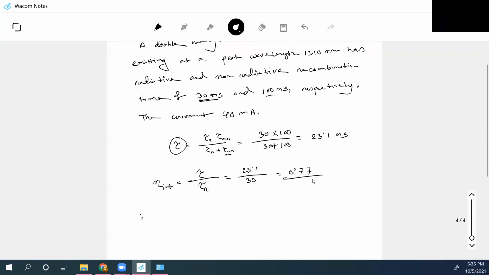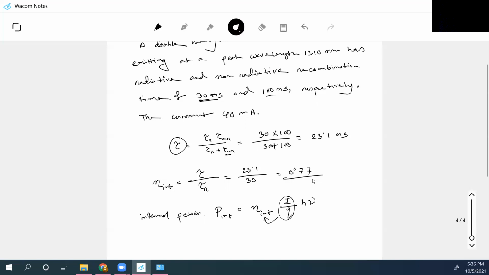So what will be the internal power of this LED? The internal power is the internal efficiency times the rate of photon generation, which is I by Q, times the energy h nu.